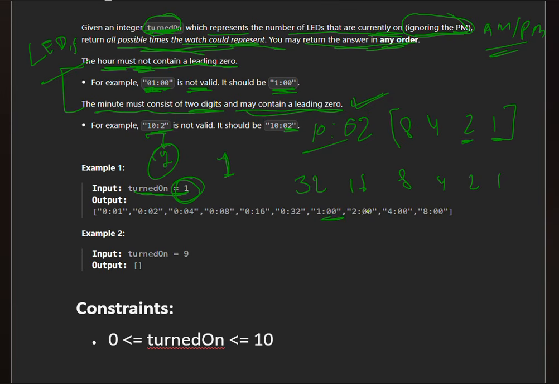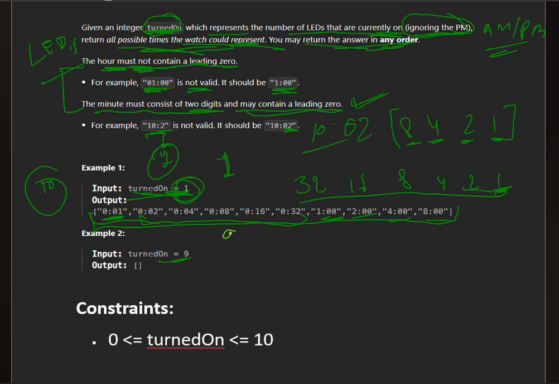If we turn on this, our time will be 2. If we turn on this, our time will be 4. If we turn on this, our time will be 8. Similarly, if we turn on the minute bits one by one, we get 1 minute, then 2 minutes. So the total answer that we are getting is 10. These 10 possibilities are there when turnedOn is equal to 1.